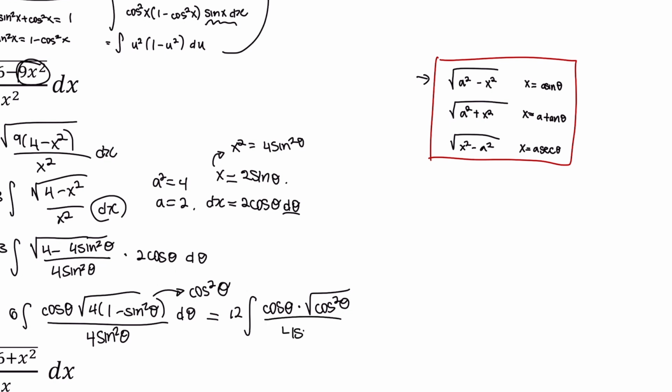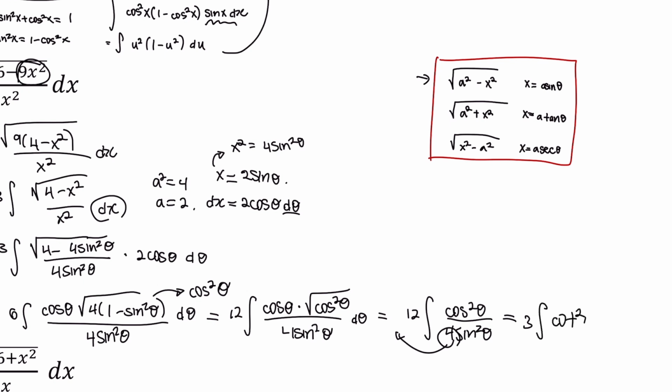And we also have this d theta, or 12 integral of square root of cosine squared theta is cosine, obviously. So we're going to multiply these two together. We're going to get this, cosine squared theta over sine squared theta, or the number goes out, so 3, and then square root of cotangent squared d theta.